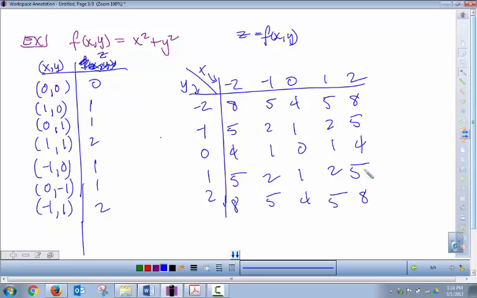Should have done a different function, but this one happens to have nice symmetry. Your table is not always going to look nice and neat like this, but in this case, this is what we come up with. So these are just putting in values, right?